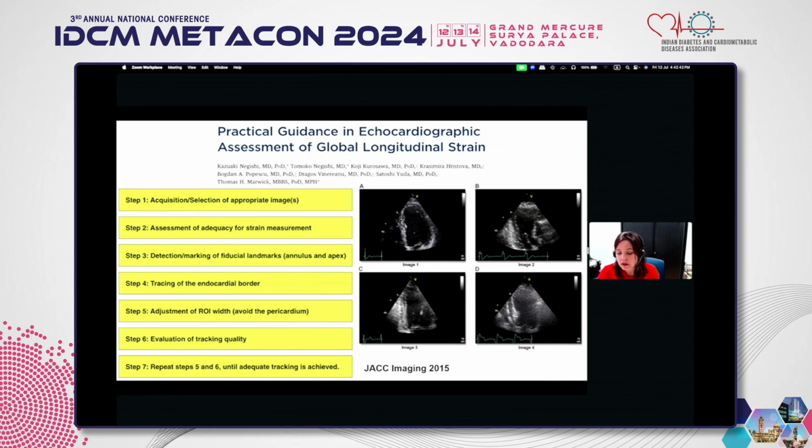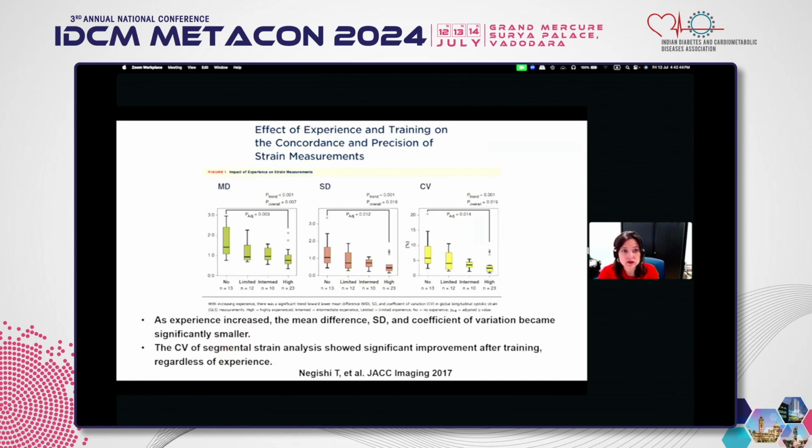If you follow these steps, you can have really good reproducibility and reliable measurements, although a certain amount of experience is always necessary. So when you want to use this measurement in your lab, try to gain some experience first, train with several cases, and then you are ready to go.